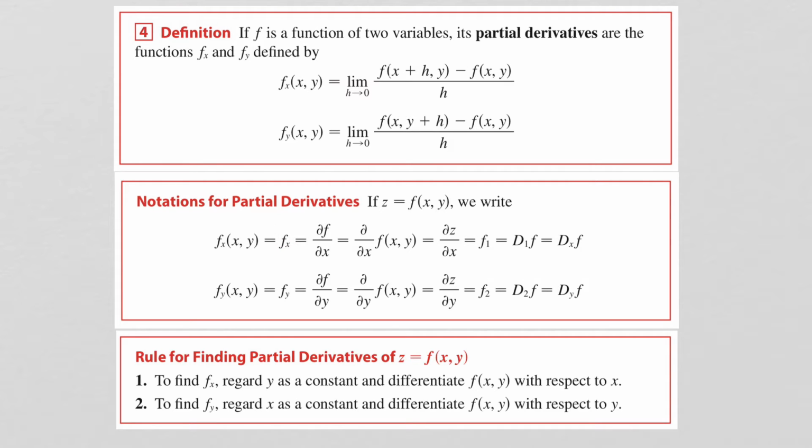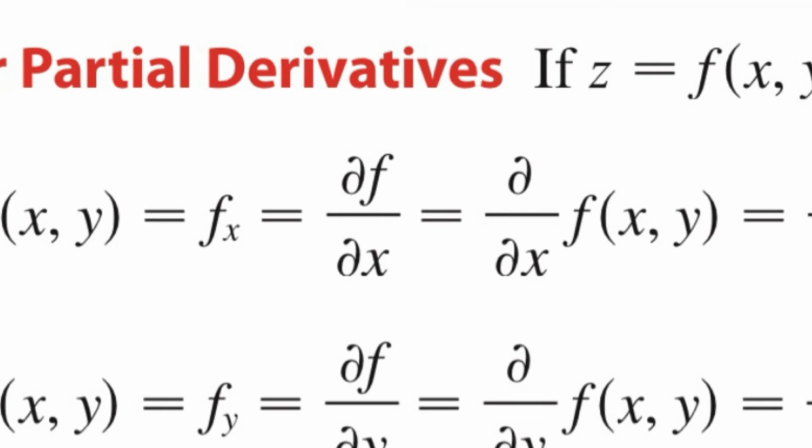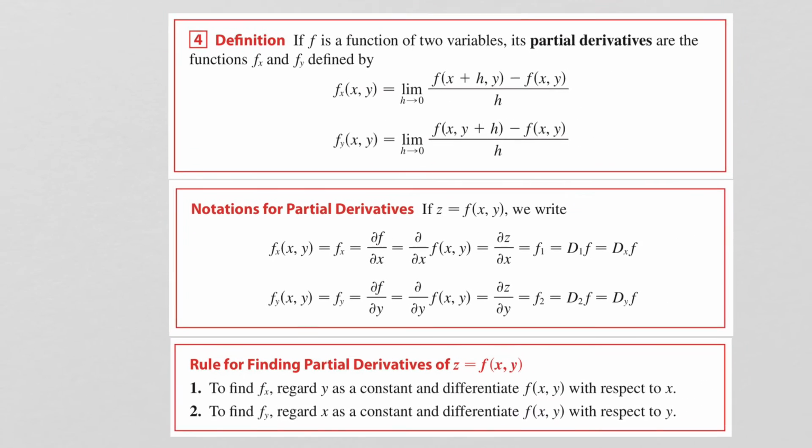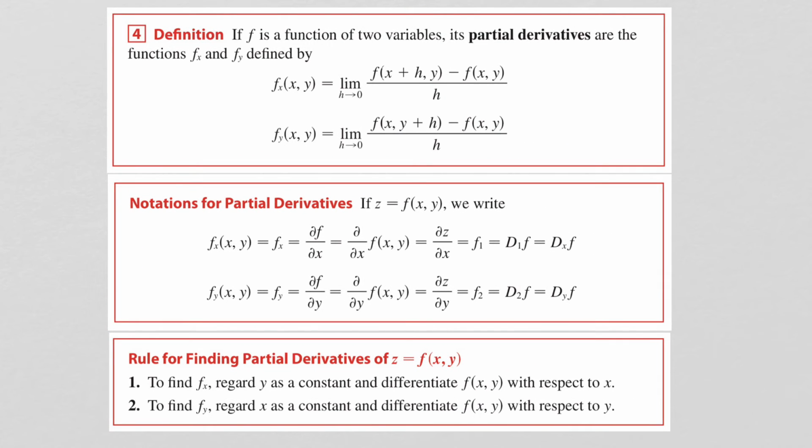We can write partial derivative of f with respect to x. And if you do some research here, you'll find different ways that people will say this. We really shouldn't say df dx, even though this partial derivative symbol sort of resembles the letter D. It's not really the letter D.